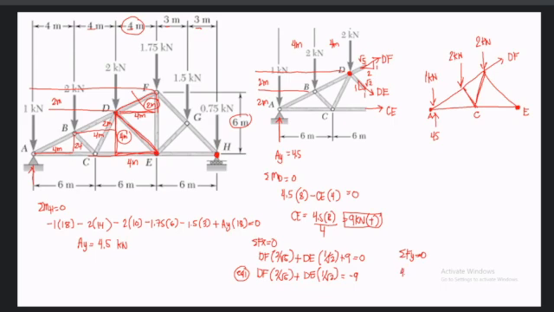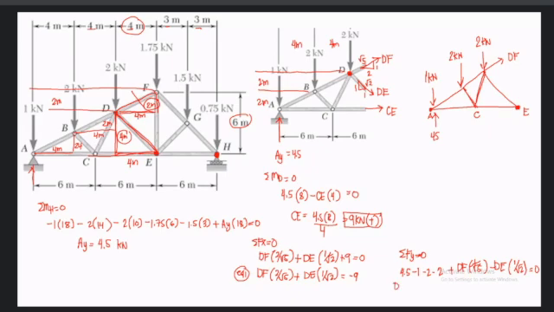Okay, your equation number 2 will come from summation Fy. So this is 4.5 minus 1 minus 2 minus 2. That's your external loads and your reaction at y, Ay. And then you have your positive DF times 1 over square root of 5. And then minus DE times 1 over square root of 2 is equal to 0.